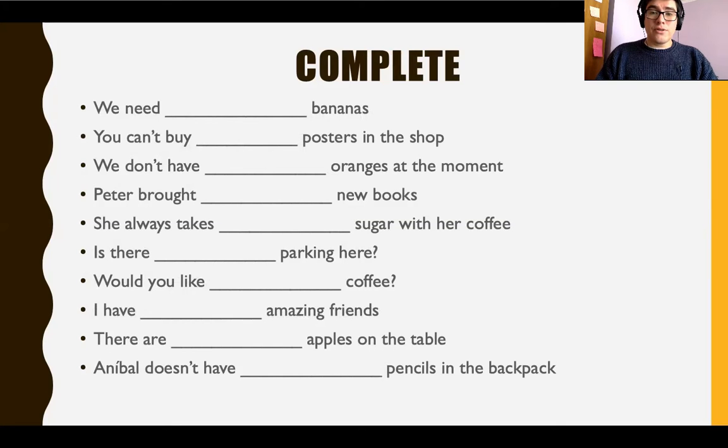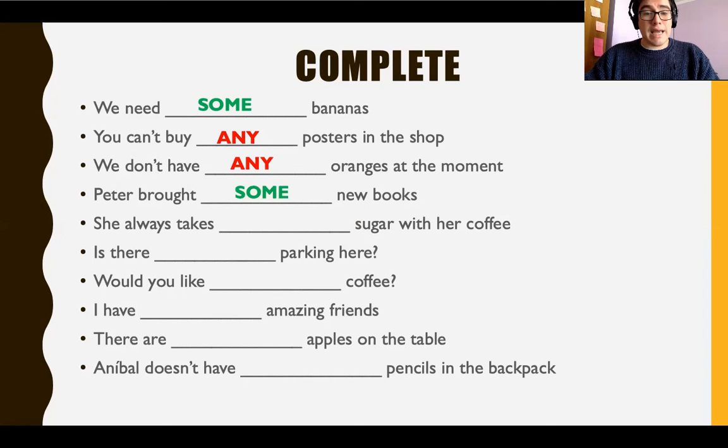Okay, so we're going to review these exercises. First exercise, let's go. We need some bananas. You can't buy any posters in the shop. We don't have any oranges at the moment. Peter brought some new books.